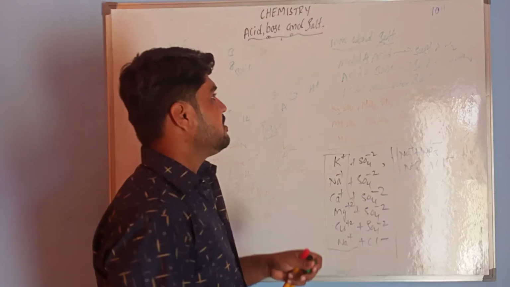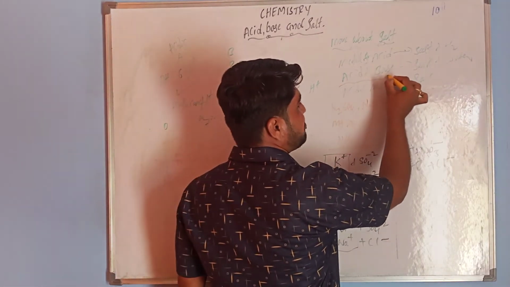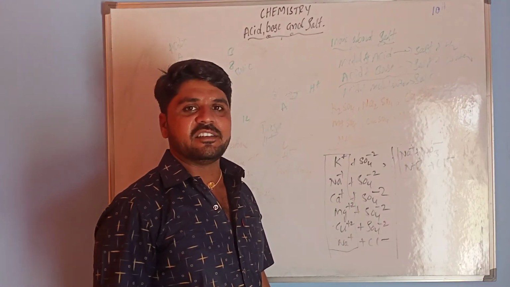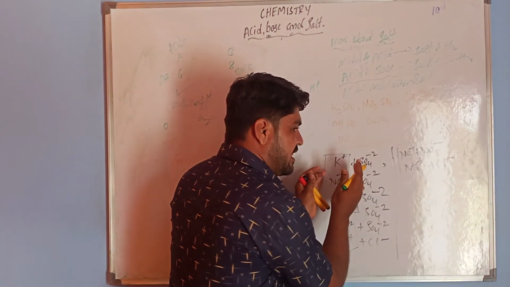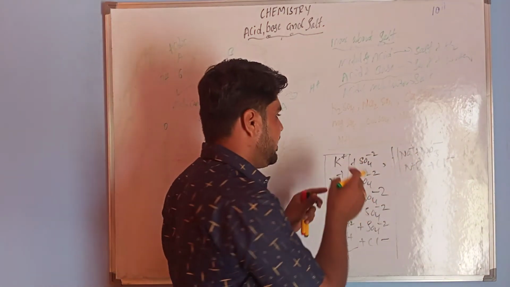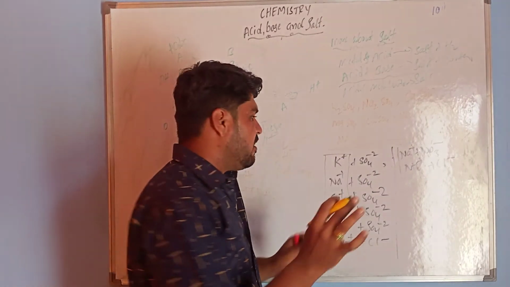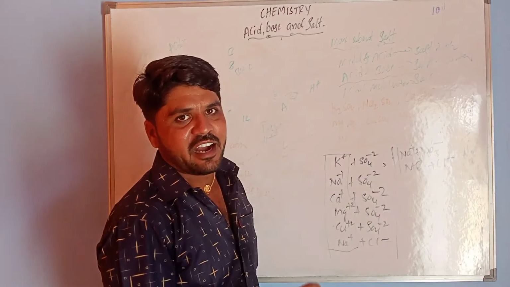I already told you that salts are generally formed by acid-base reactions. So from acid radicals and basic radicals, salts are obtained. Potassium sulfate is a salt. This salt is made by an acid radical and a basic radical.